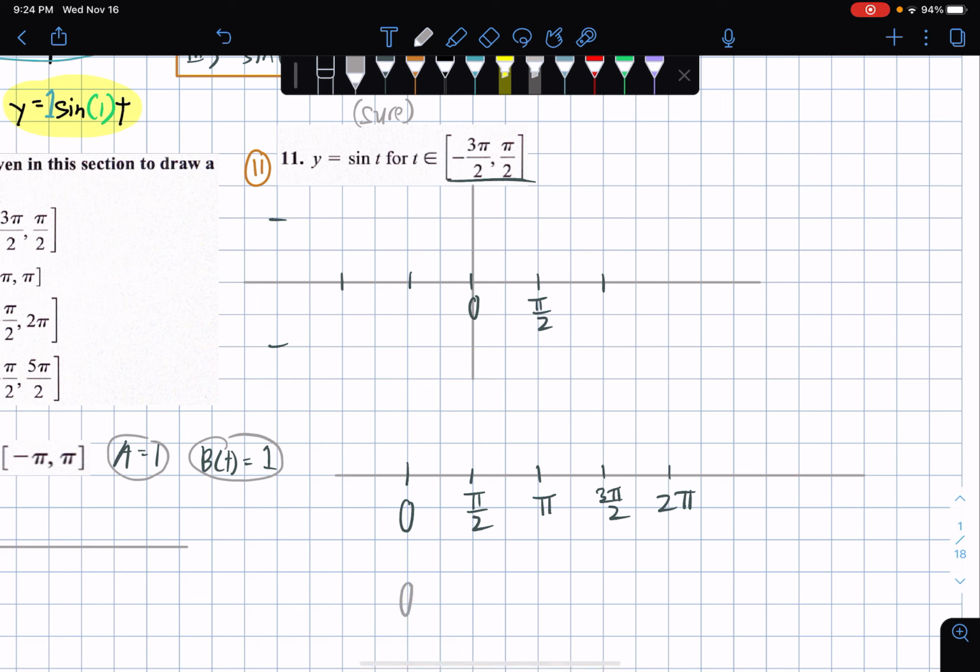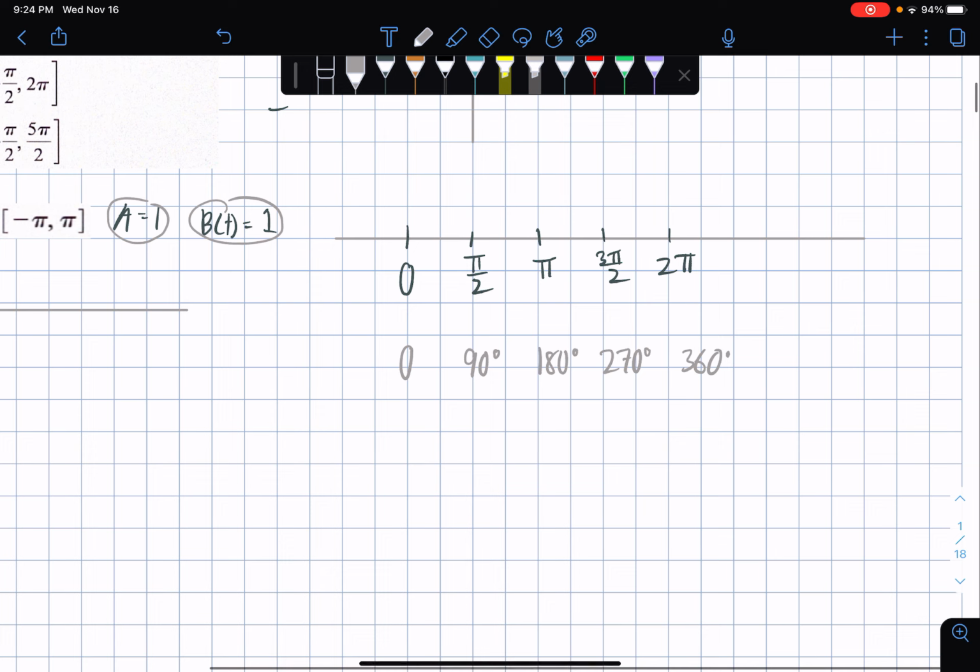Basically, if you convert them in degrees, pi over 2 is 90 degrees, pi is 180 degrees, 3 pi over 2 is 270 degrees, and 2 pi is 360. Proof? Try converting pi over 2 in degrees.